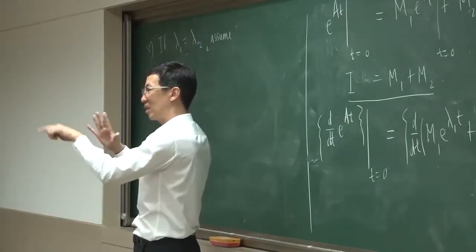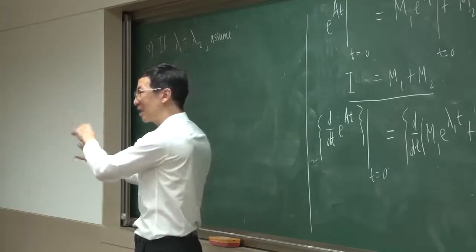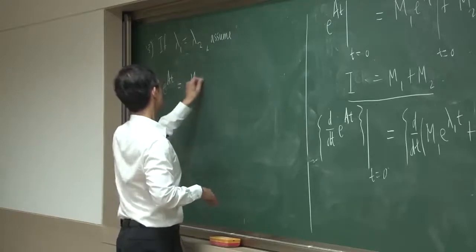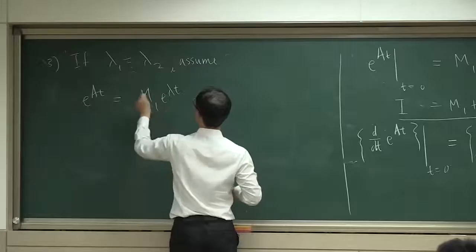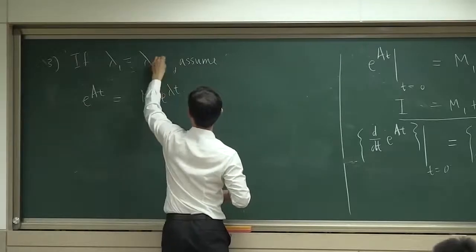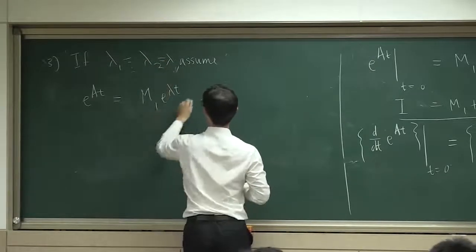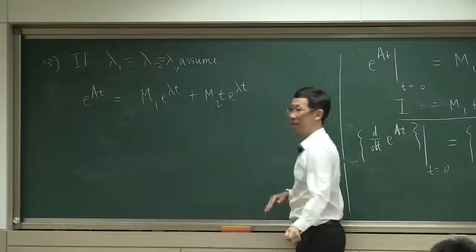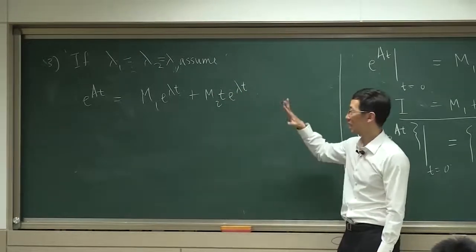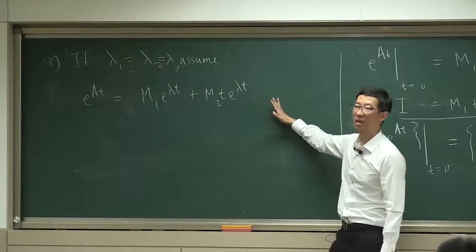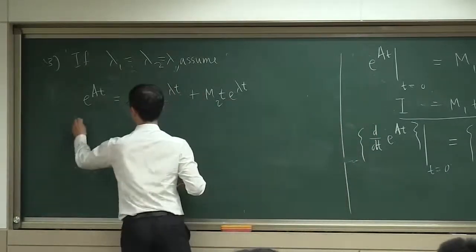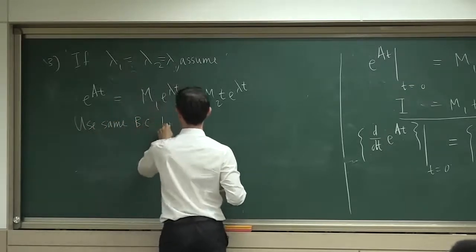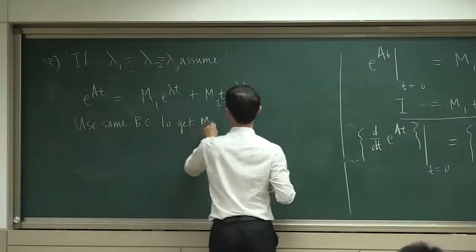You have e to the lambda t plus t times e to the lambda t term, right? Same thing here. You have m1 times e to the lambda t, so let's just call it lambda, plus m2 times t times e to the lambda t. Assume e to the at to be of this form. Use the same two boundary conditions to get m1 and m2.